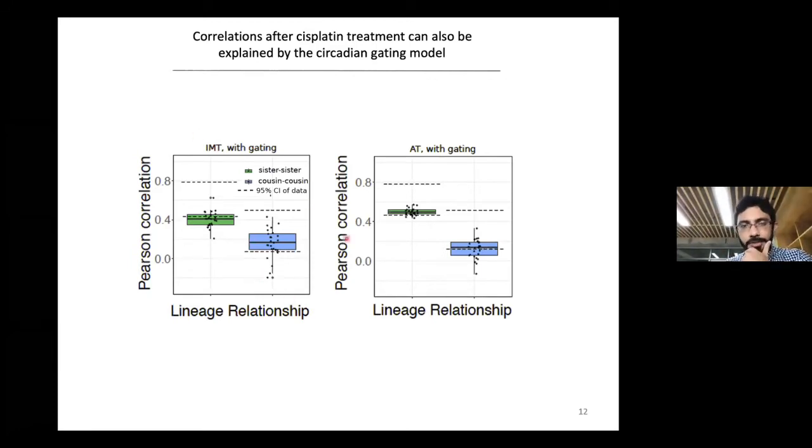What I'm showing you here again is that even after adding the drugs, when you've generated all that heterogeneity, we can explain these sister correlations and cousin correlations in both division times and times to death using this kind of model of the circadian clock controlling the cell cycle lengths, or the cell cycle speed.